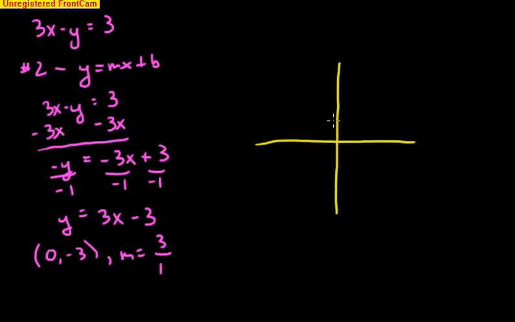Again, let's go 3 in every direction. And now I'll place my y-intercept on there first. The y-intercept is 0, negative 3. So 0 means left to right, none. Down, 3. And then to count the slope, I go up 3 and to the right, 1.